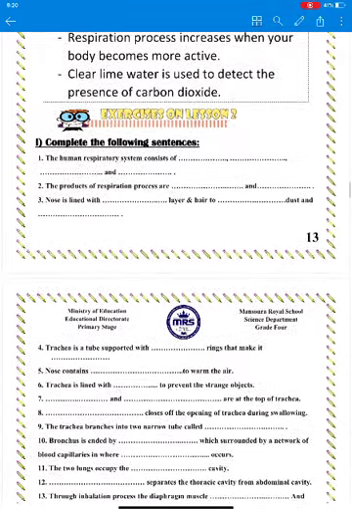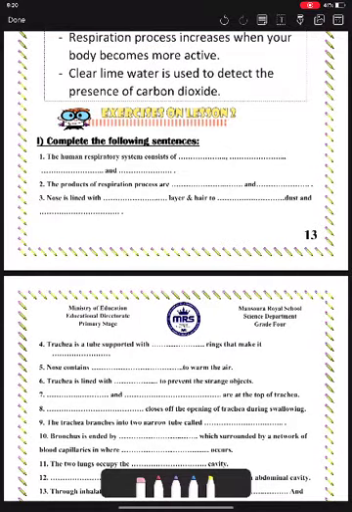On our worksheet, page 13, starting with question number 1, complete the following sentences. Number 1, the human respiratory system consists of nose, trachea, two lungs, and diaphragm.